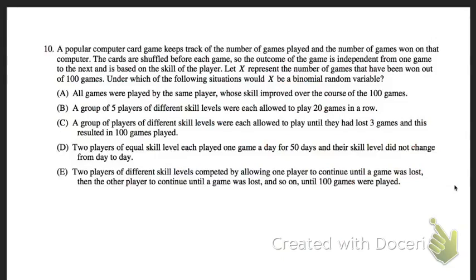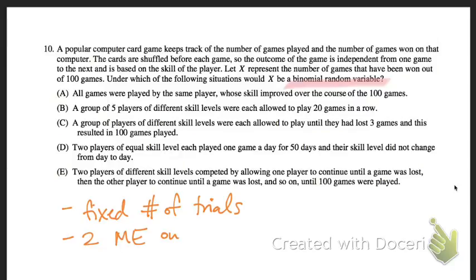Number 10, if it says binomial, that indicates that you have a fixed number of trials. You need two mutually exclusive outcomes, and they need to be independent of each other, so one outcome does not affect the other.